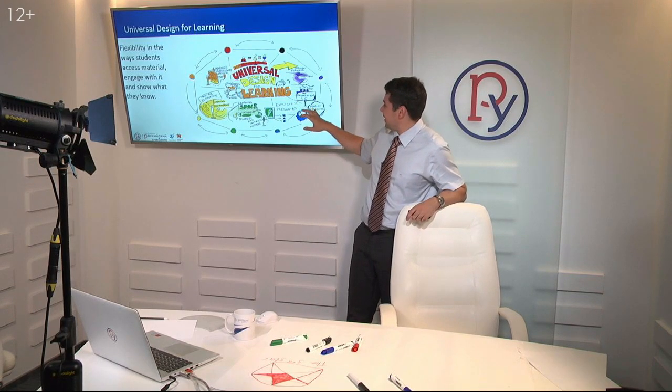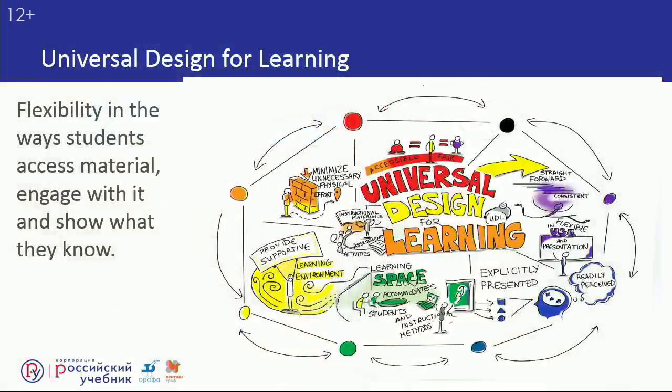Presenting everything explicitly, using different channels of presentation, and accommodating the space of your classroom so that you can address the needs of different students. Taking into consideration their preferences when you can do that, and being supportive, providing the necessary support.